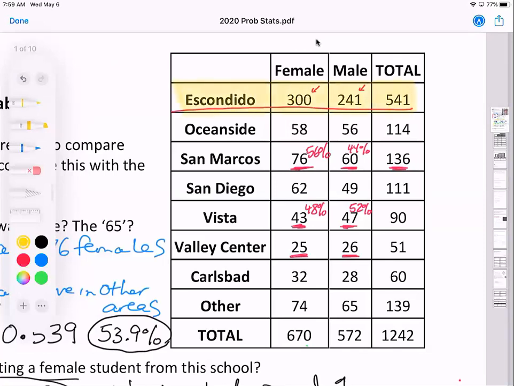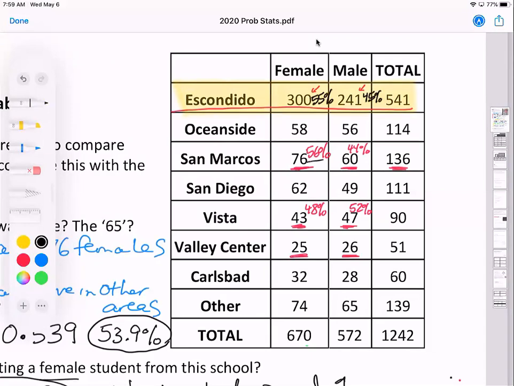So if we actually calculate, 300 divided by 541 would be 55%. And 241 divided by 541 is 45%. So actually, what we initially thought, just looking at the numbers, was wrong: San Marcos actually has a bigger disparity.